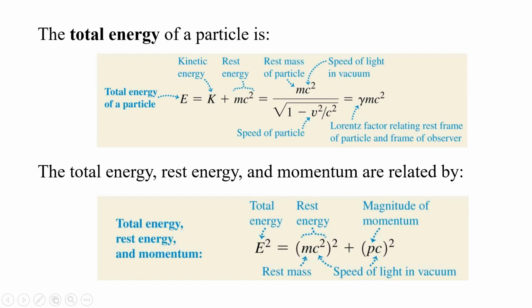We are left with mc squared over the square root of 1 minus v squared over c squared, which is just equal to gamma multiplied by mc squared. If we relate the total energy, rest energy, and the momentum, we have this equation: E squared, the total energy squared, is equal to the rest energy squared plus (pc) squared.